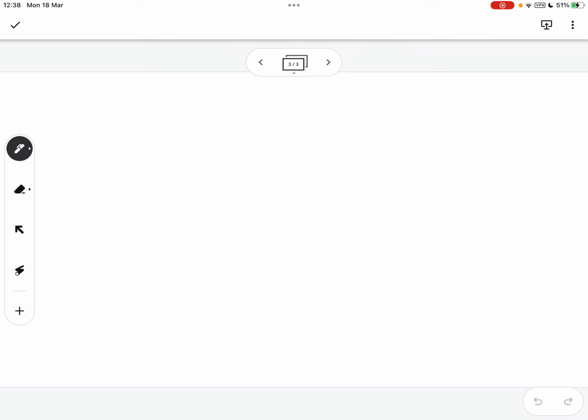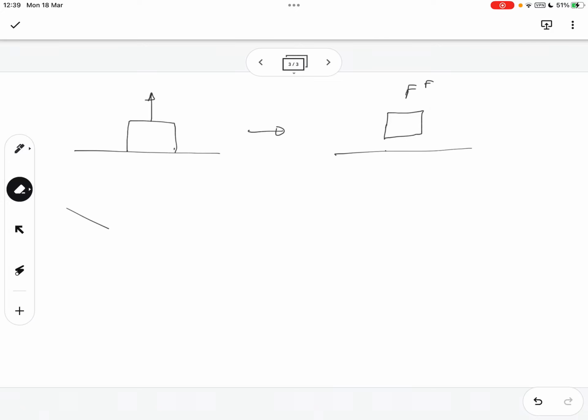So if we have a force applied, and the box is just lifted up from the floor, there's no movement in the lateral direction.